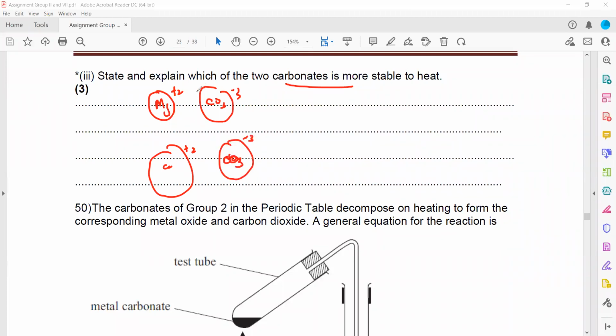Magnesium causes more distortion, which weakens the bond in carbonate, so it can decompose at low temperature. Whereas calcium is larger in size, so it causes less distortion. So bonds in the carbonate are relatively stronger, and it takes longer to decompose. So we expect calcium carbonate to be more stable, and as we go down, the stability will also increase.